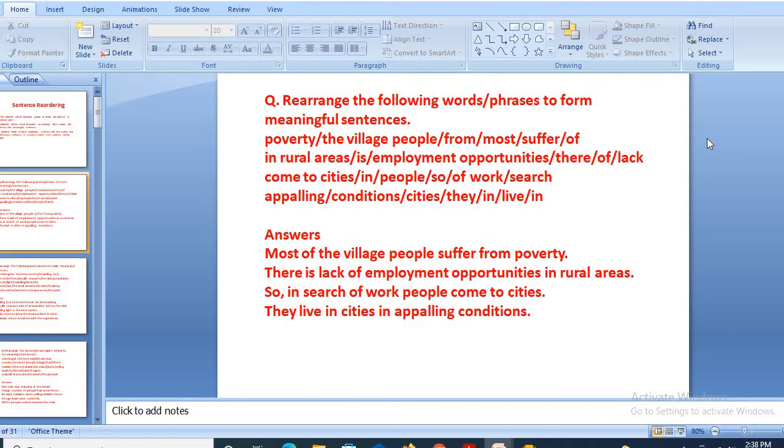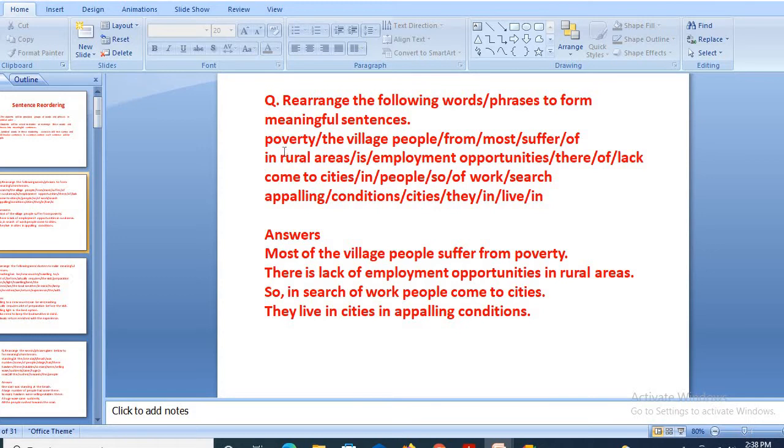So remember one thing, if 2 questions are given or if 4 questions are given, it should be well connected. And whenever you will be arranging it into a meaningful sentence, remember the first word should be in capital letter.